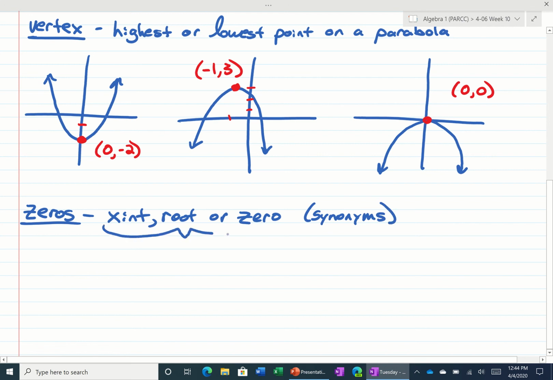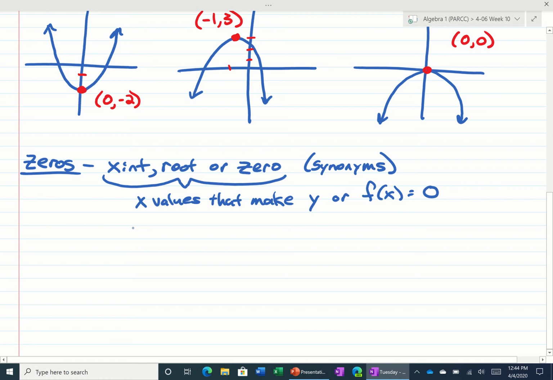These are x values that make y or f of x equal to 0. Another way to think about them is they are x values where the graph crosses the x-axis.